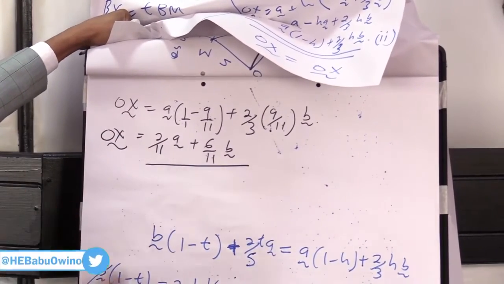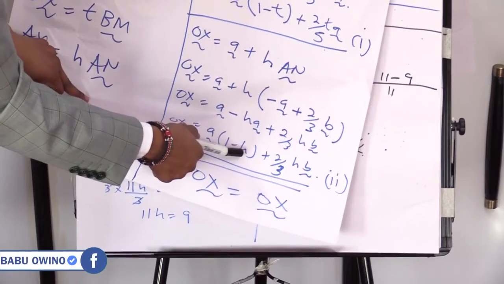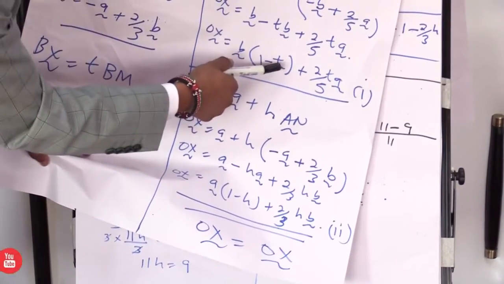You simply equate OX to this value, then you replace the value for H and you replace the value for T.